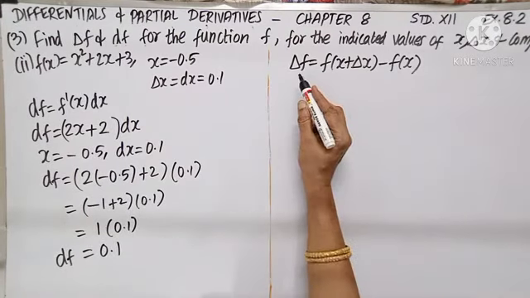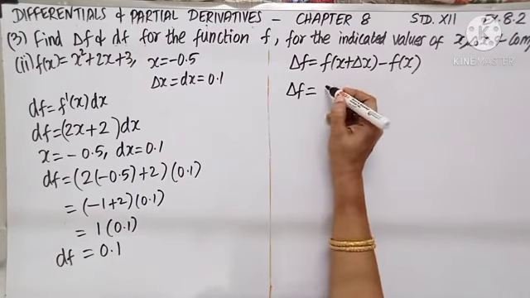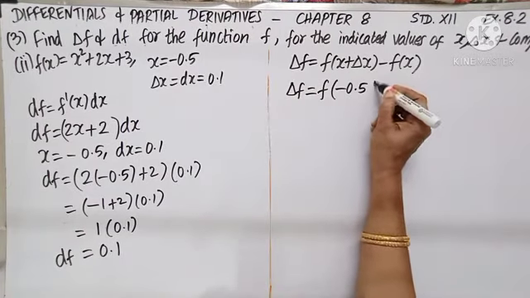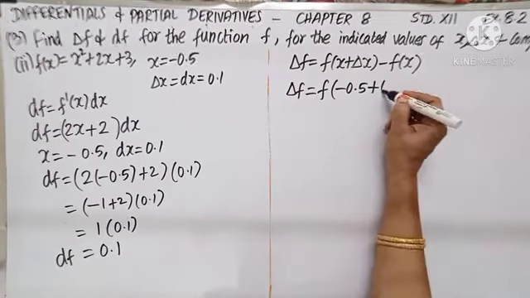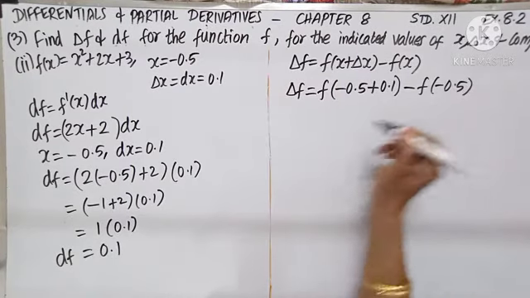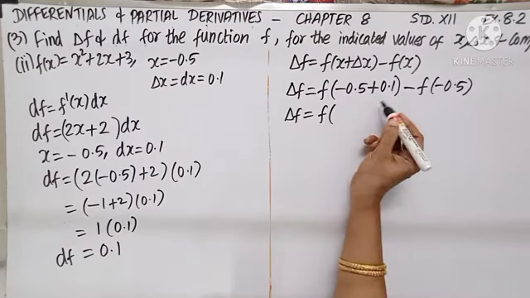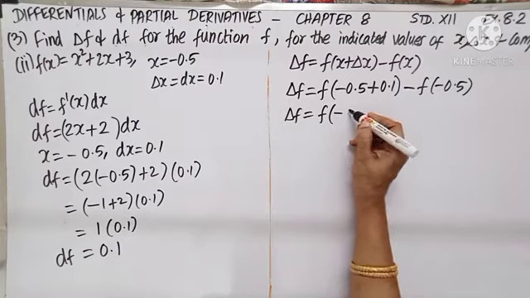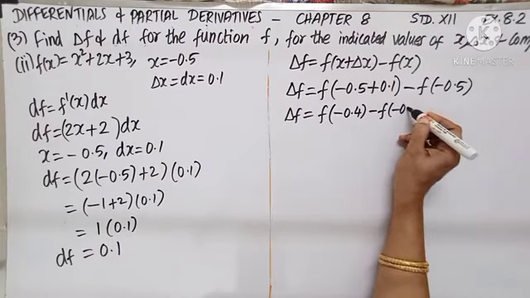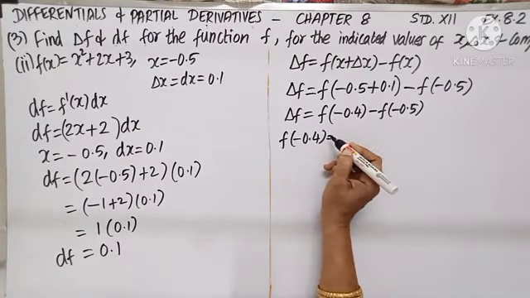Finding del f: f of x plus del x minus f of x. f of x value minus 0.5 plus del x 0.1 minus f of minus 0.5, that is f of minus 0.5 plus 0.1 is minus 0.4, minus f of minus 0.5. What is f of minus 0.4?